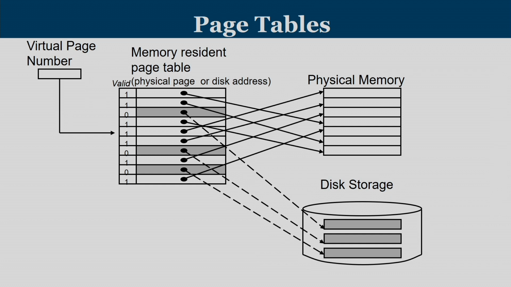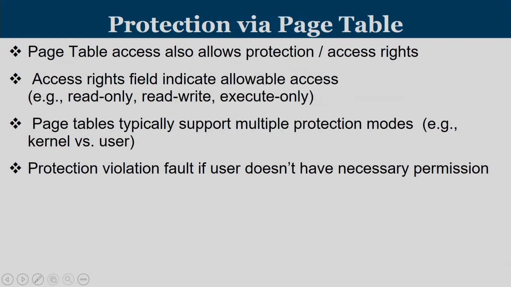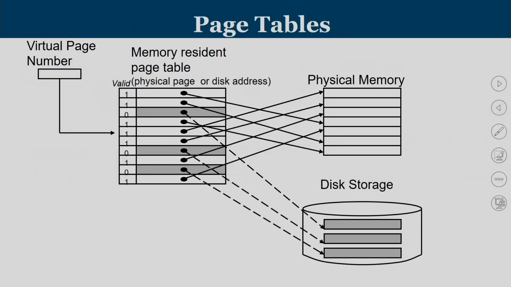These virtual page numbers are used to index into the table, and once you index into the page table, it will tell you where to go in the physical memory. If something is missing there, you have an access to disk, and from disk it gets stored to the physical memory. So the idea of the page table is to convert the virtual page number into the physical page number.